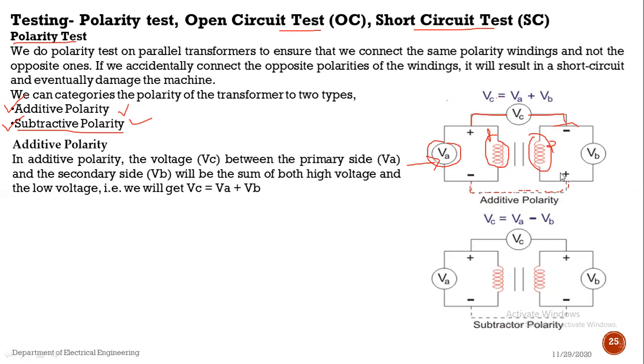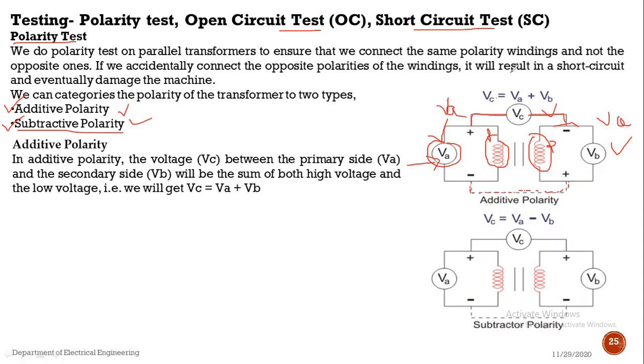There are three voltmeters, that is VA, VB and VC. If the voltmeter VC reads the sum of voltage VA and voltage VB, that means it shows the summation of these two voltages.